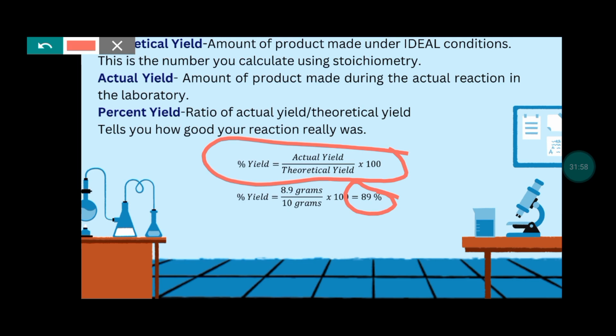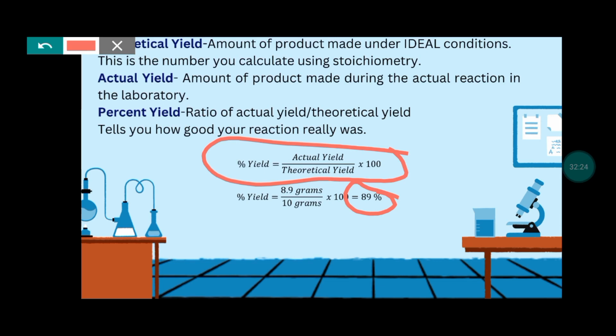Percent yield is an important measure of the efficiency of a reaction. So, ibig sabihin, when we have high percent yield, ibig sabihin efficient or maganda yung reaction natin. Efficient siya, magandang gamitin yung reaction, or maganda yung process na ginawa natin in order to come up with the product.